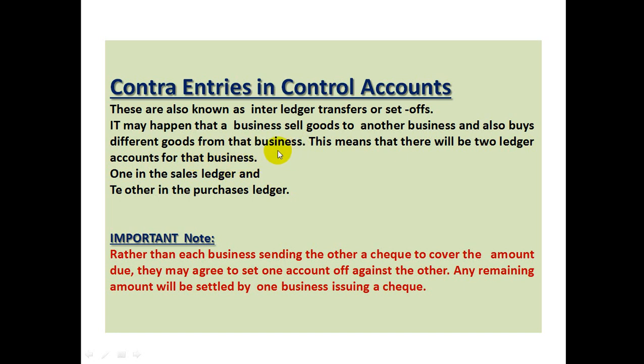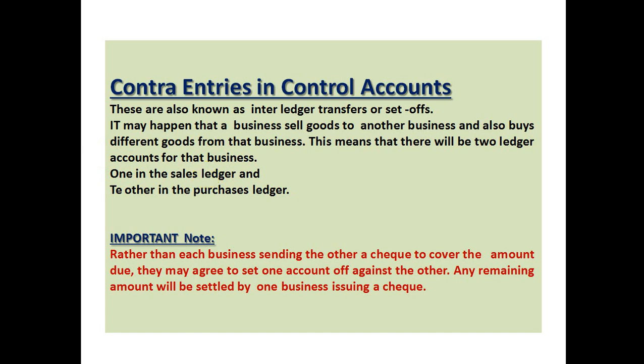For example, if I purchase goods from Mr. Ali and I sell goods to Mr. Ali at the same time, if I deal in two types of goods and Mr. Ali also deals in multiple types of goods, one type of good is sold by me to Mr. Ali and the other type of good is purchased by me from Mr. Ali. In that case, I'll have the sales and purchases ledger of Mr. Ali at the same time.